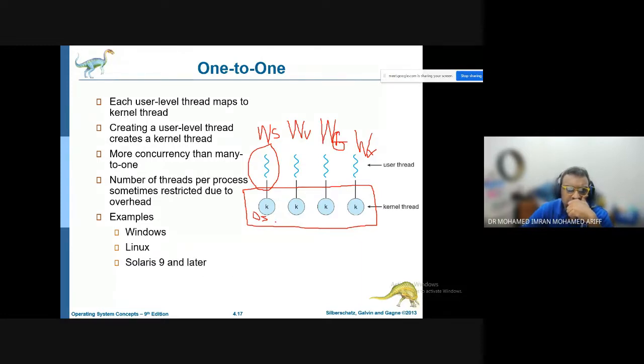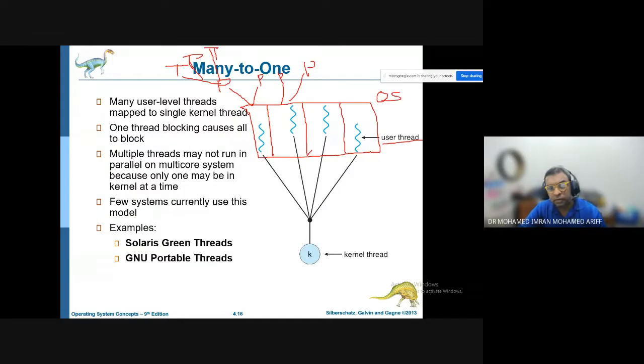This one is a bit tricky. Each user level thread maps to kernel thread. So this one is multiple kernels. We have several kernels, but each kernel can only run one thread. What's the difference between this? This can run multiple processes.